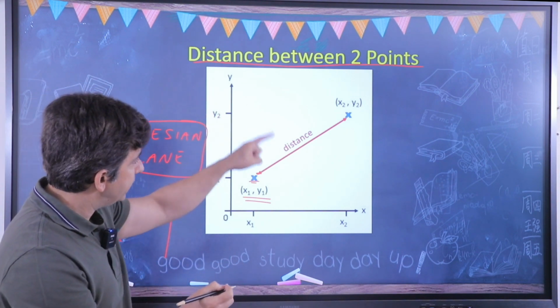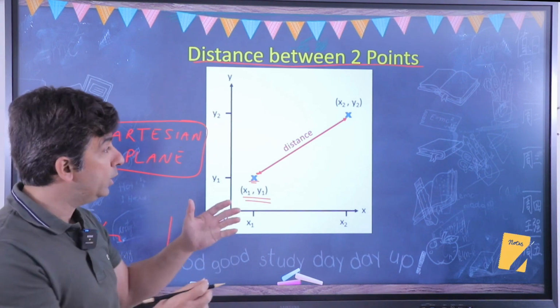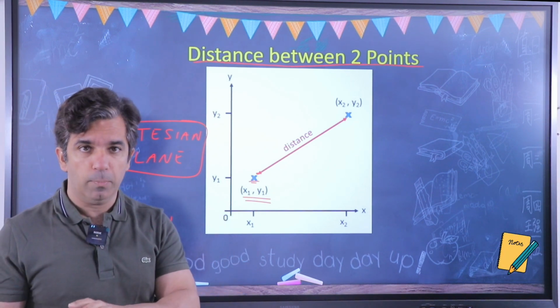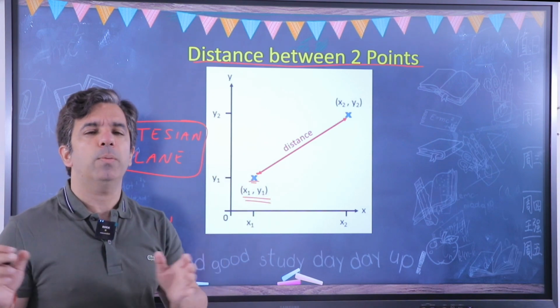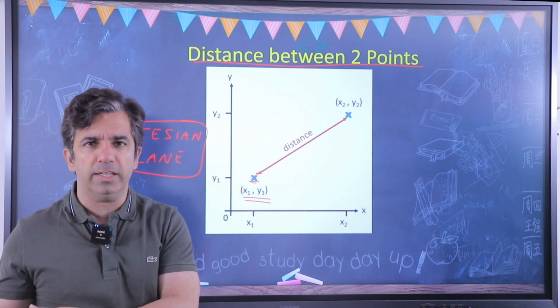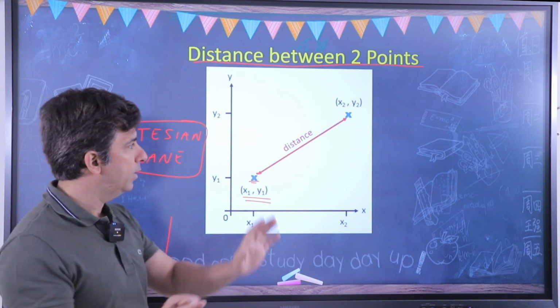In this picture, it seems like both these points are in the first quadrant, but that is not true. These 2 points can be anywhere on the Cartesian plane. One point could be in the fourth quadrant and the second point in the second quadrant. It is a valid formula.